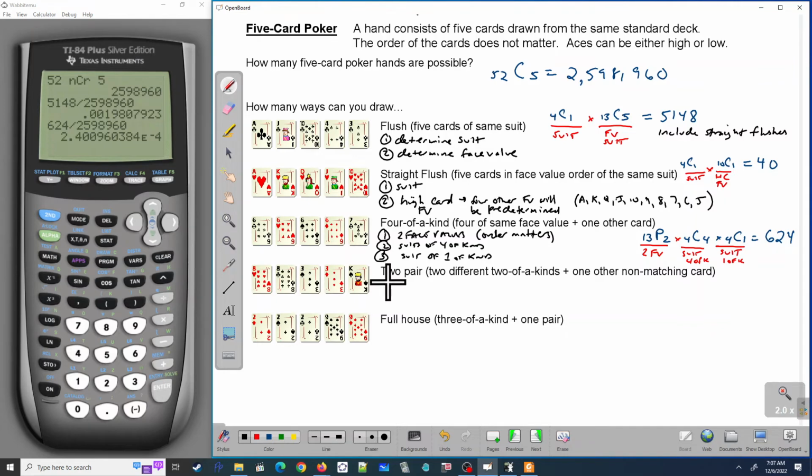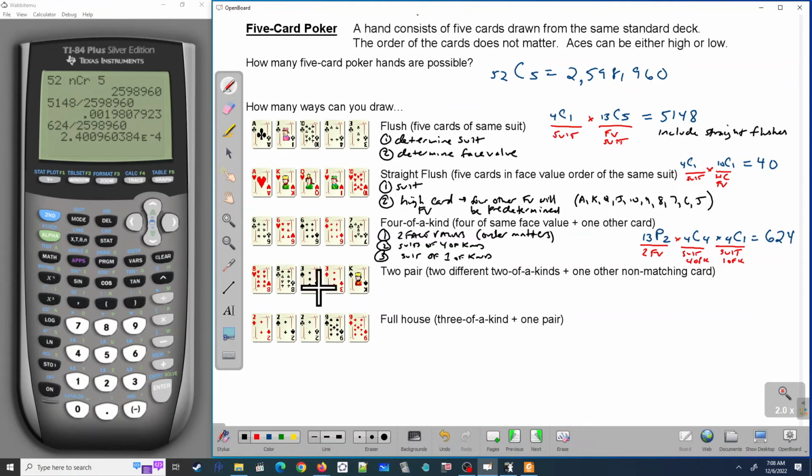So if I'm going to do 2 pairs, I have to treat this a little differently than here. Here I needed to have order matter between my 2 face values, because I had to make sure that 4 6s and 1 7 didn't mean the same as 4 7s and 1 6. If I'm going to choose 3 face values, the problem is I have to actually choose 2 of them first, because I need to choose the 8s and the 3s.